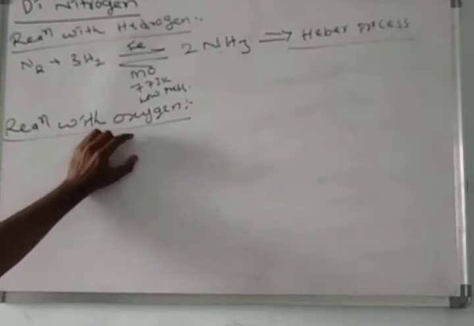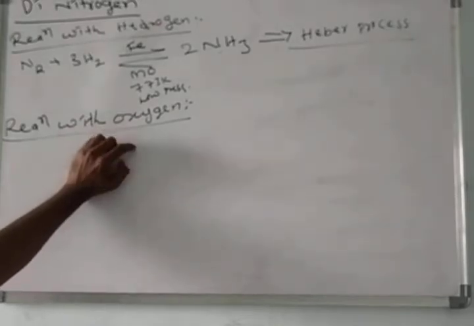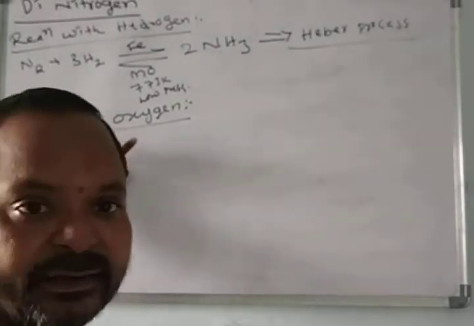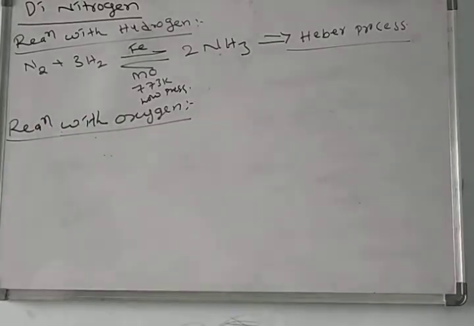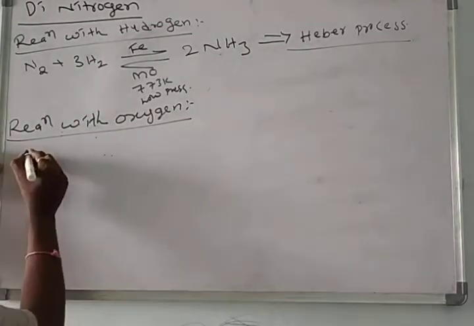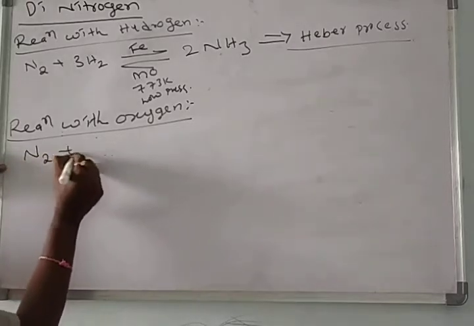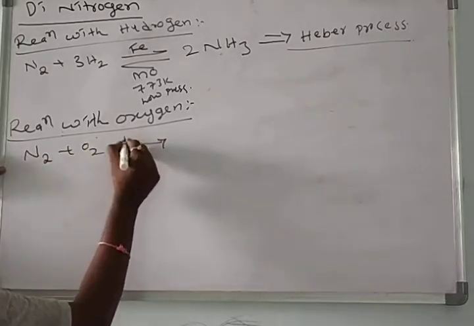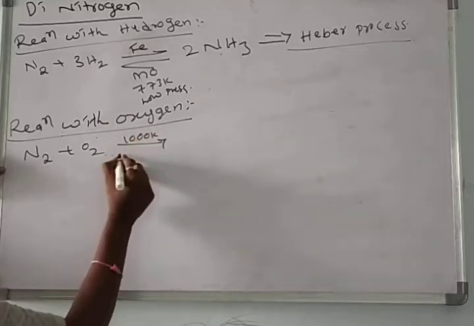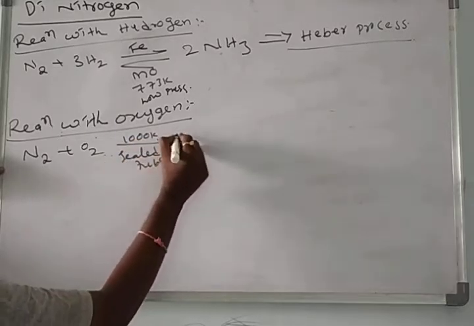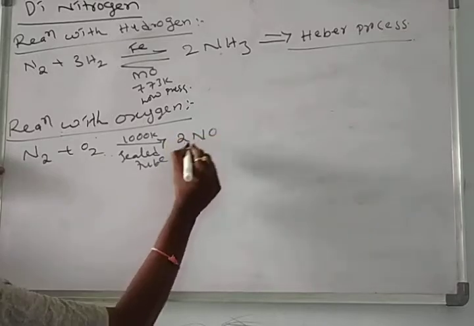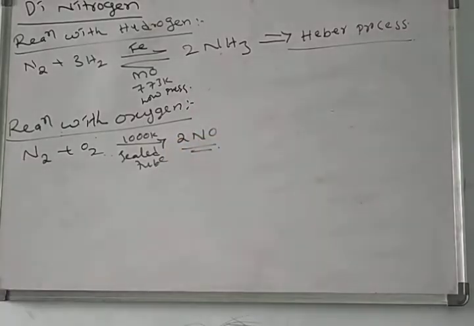Nitrogen and oxygen react with each other at 1000 Kelvin temperature in a sealed tube and form nitric oxide.